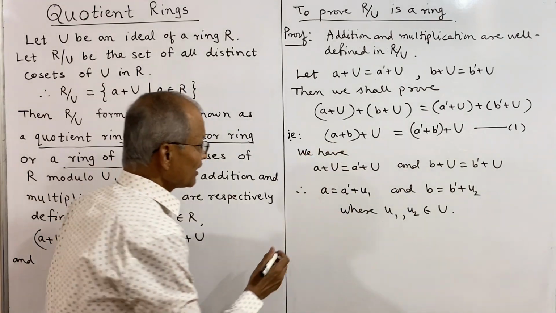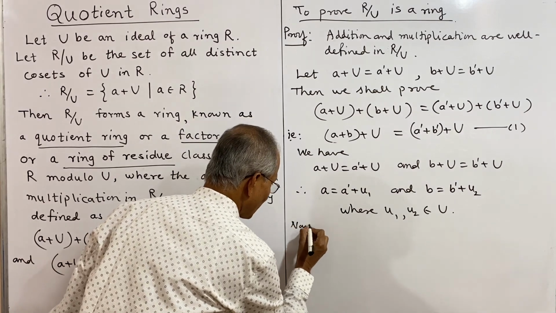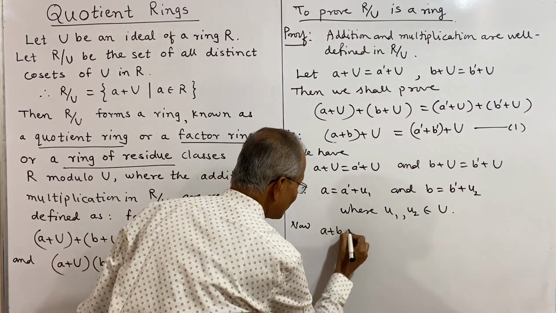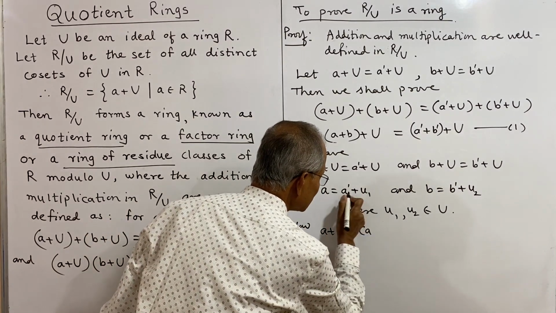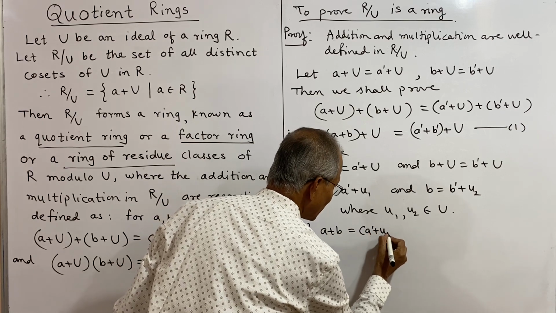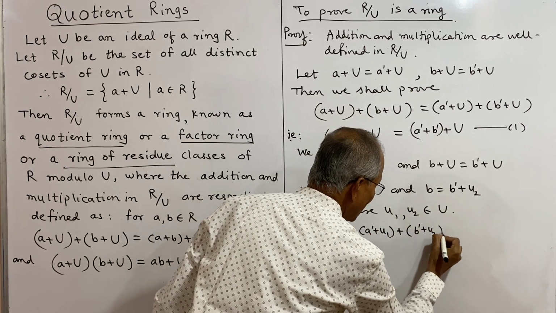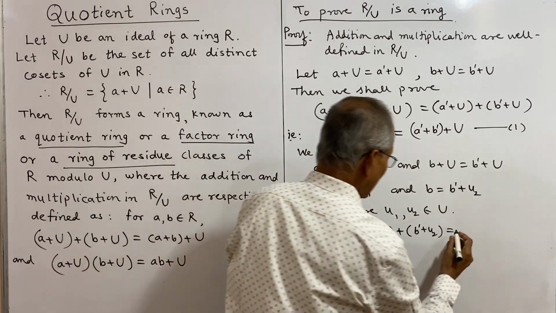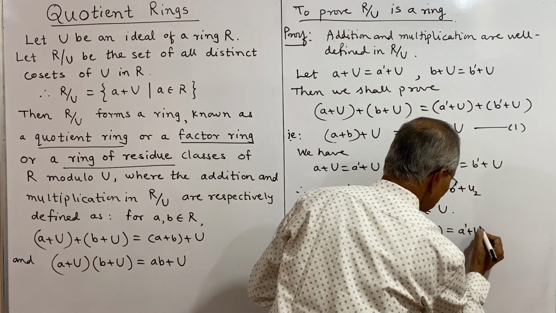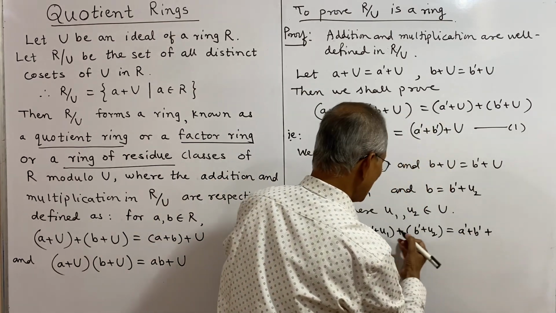And with this expression for a and b, now we shall compute what is a plus b. Now a plus b will be, see, this is the expression for a dash plus u1, and b is b dash plus u2, and this can be written as a dash plus b dash plus u1 plus u2.